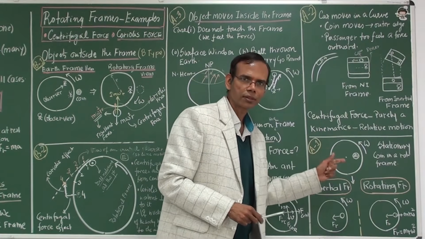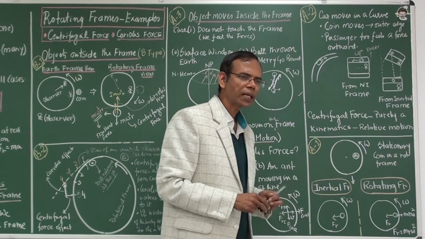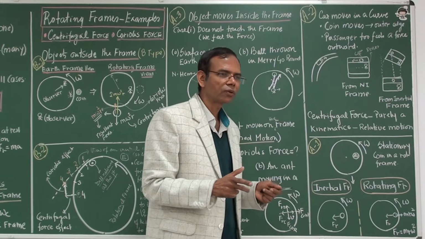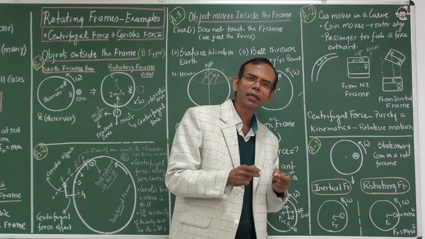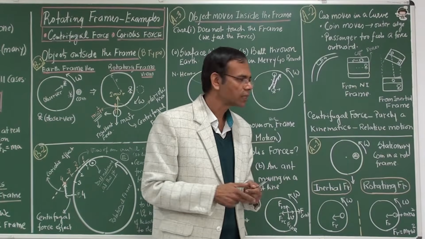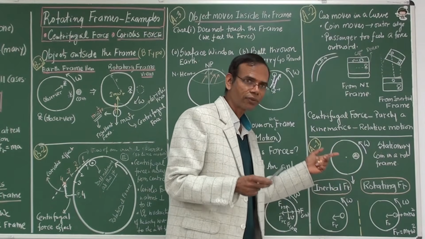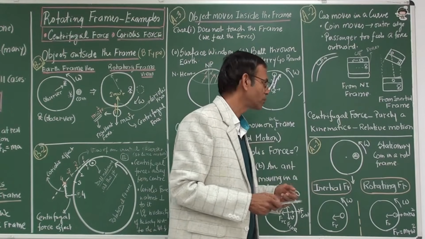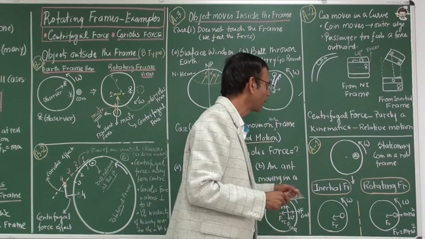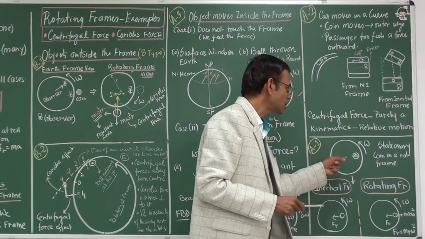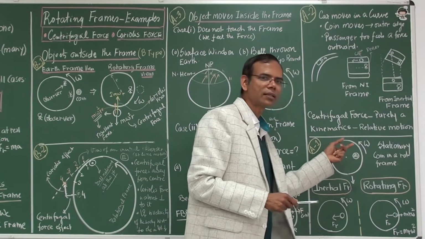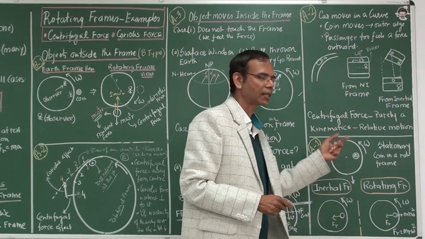Sometimes we feel that the centrifugal force is basically something like a mathematical entity, but it is not. We feel the effect in the frame. We feel the force in the frame. In the frame it is real. So here, at the least, the effect is seen.